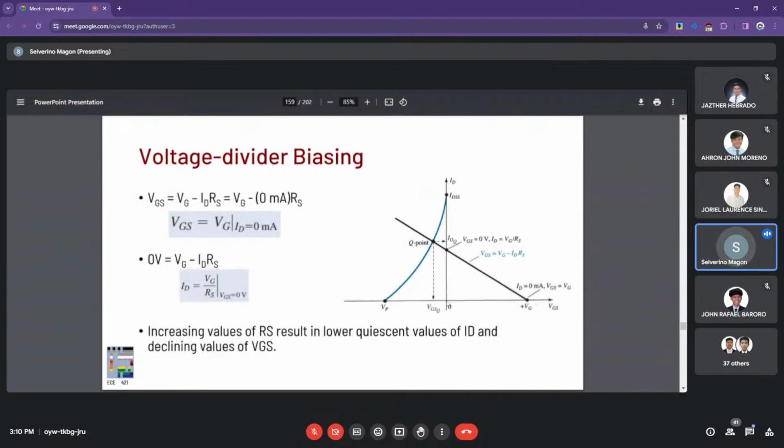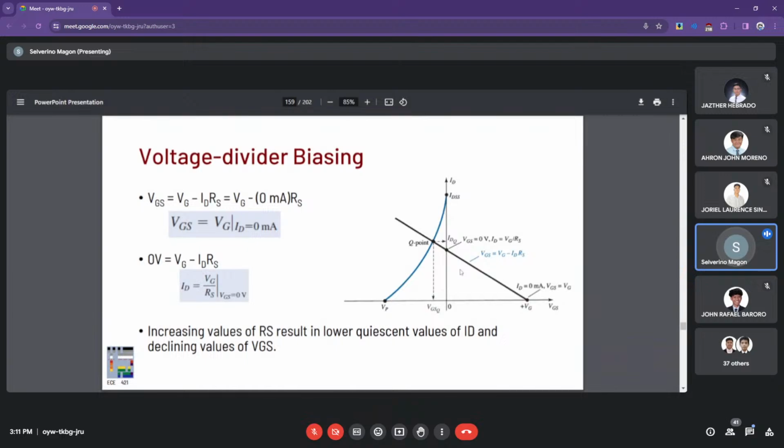So it sort of offsets, no? So in the self-bias configuration, you have the trivial solution here. Here you have some offset at ID zero because of the voltage, as the effect of the voltage divider.